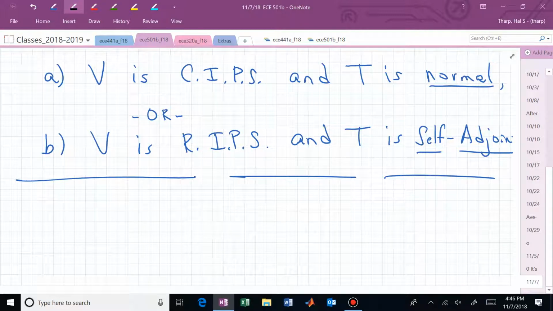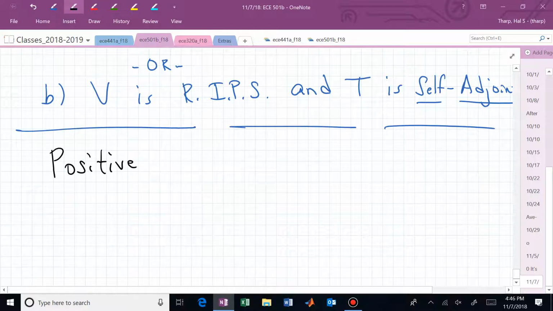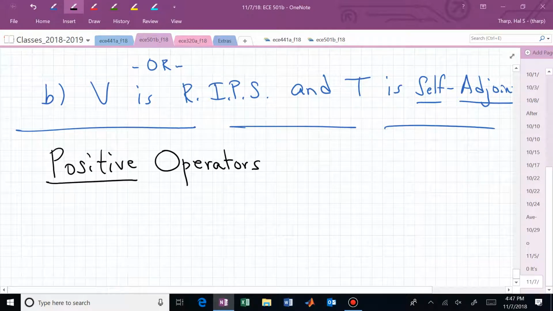It is a normal operator or a self-adjoint operator, depending on what inner product space we're living on. So now that that's available to us, let's look at how we can think about more general maps or operators. One way to start is to think about scaling, or what we will now refer to as positive operators.